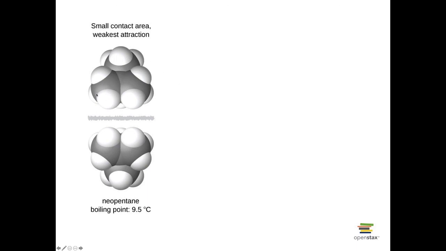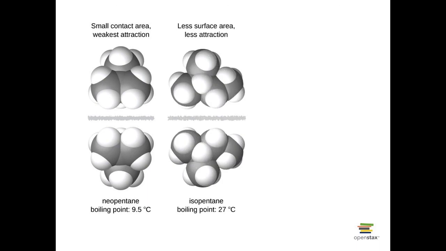We have a space-filling model of this, and here's a neopentane attracting a neopentane, and you can see the surface area of contact, which is where these intermolecular forces of attraction are going to be, and these are all nonpolar molecules, so these are all going to be just dispersion forces. When 2 neopentane molecules get close together, this is the region where they can attract each other.